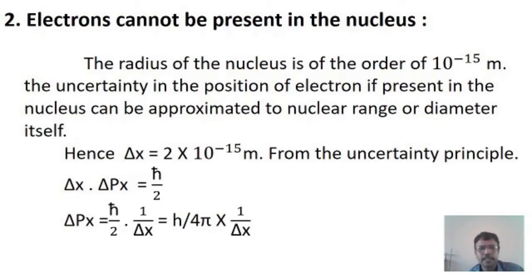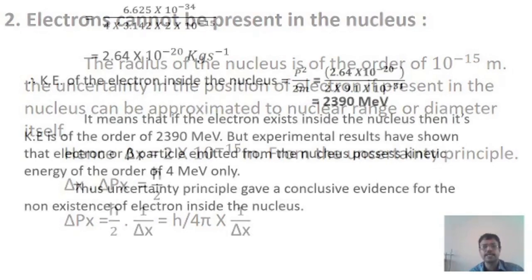According to Heisenberg uncertainty principle, delta x dot delta px is equal to h cut by 2, which implies delta px is equal to h cut by 2 into 1 by delta x. H cut by 2 is h by 4 pi into 1 by delta x.